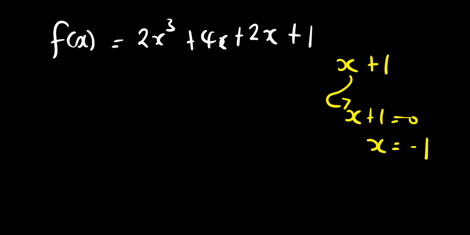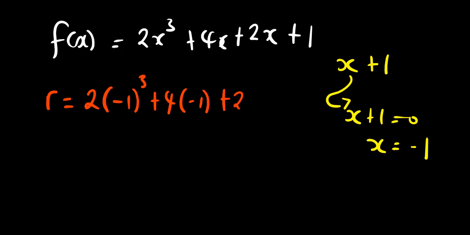So the remainder in this case is going to be 2 times negative 1 to the power 3, plus 4 times negative 1, plus 2 times negative 1, plus 1. When you simplify, negative 1 to the power 3 is negative 1, multiplied by 2 gives us negative 2.